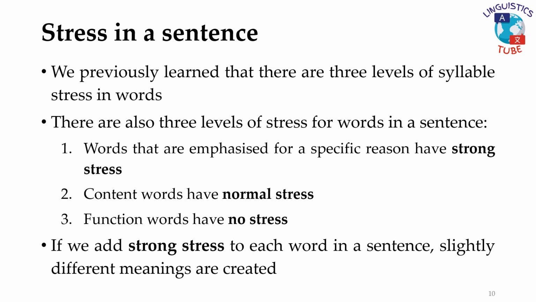As we just learned, content words are usually stressed, and function words are usually unstressed. However, if we want to emphasize a word in the sentence to add extra meaning, this is called strong stress. This could either be a content word or a function word. This creates the 3 levels of stress for words in a sentence.